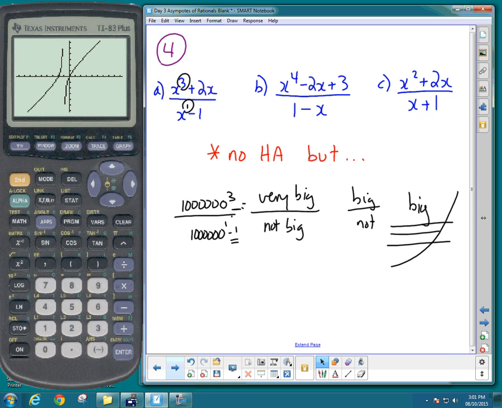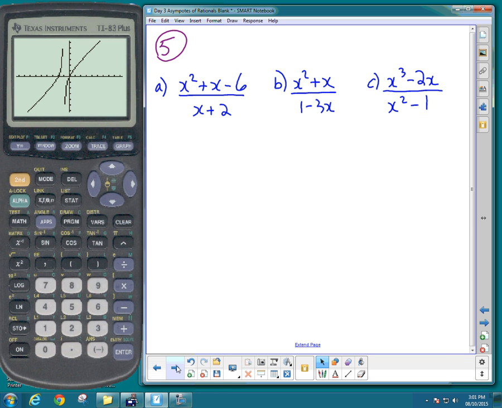So in each of these, you see the degree is bigger, so there's no horizontal asymptote. Same with this guy. But this last one, we said, hey, it looks like there's a diagonal asymptote. So to prove that, I'm going to show you 3 more examples. And you'll notice each of these has a degree bigger by 1.